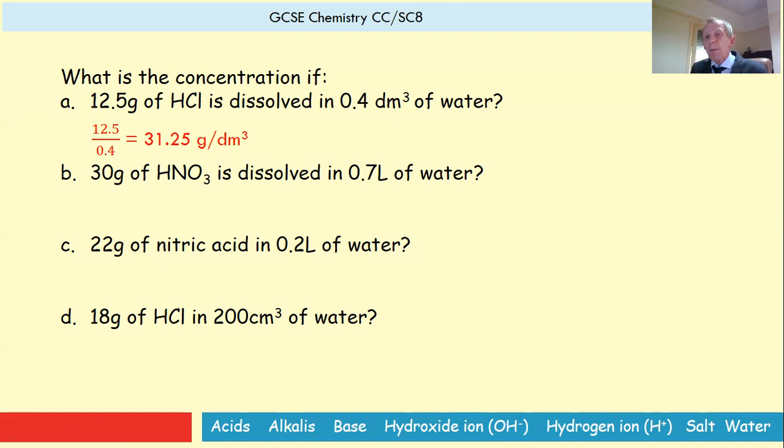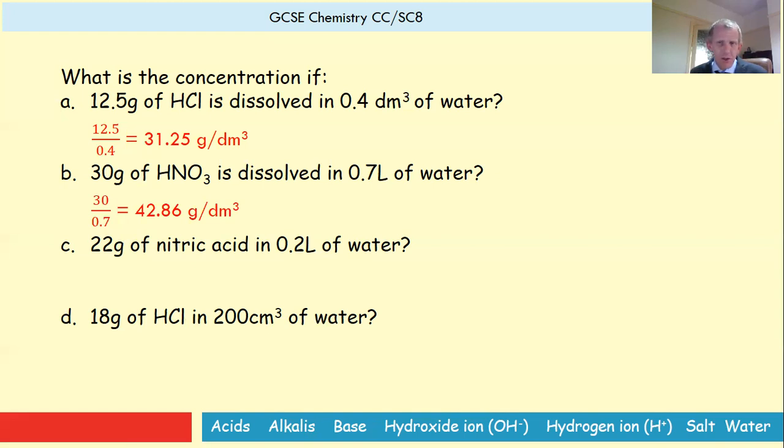But if you can remember back from the previous slide, 1 decimeter cubed equals 1 litre of water. So in this instance, there's no mathematical wrangling of the number 0.7 that we need to do. We can still just insert it straight into our equation. And when we do that, 30 divided by 0.7 will give us 42.86.